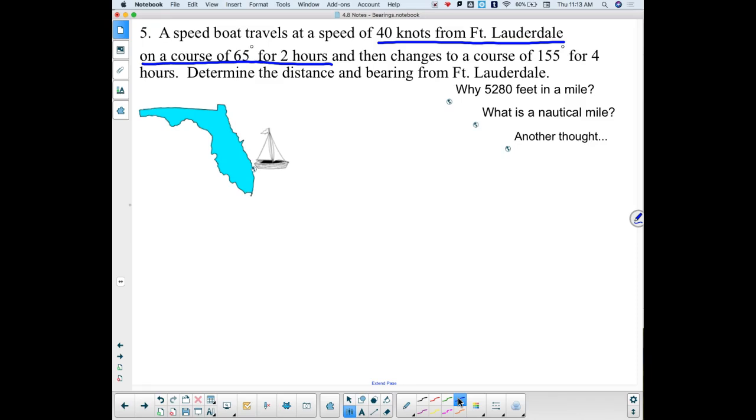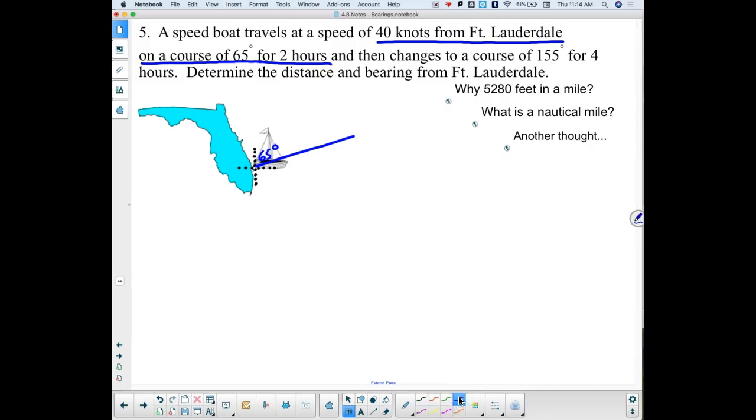So 65, in my brain, I'm thinking to myself, 65 degrees is there, right? Because this angle here is 65 degrees. It traveled along that path for how long? For 2 hours, right? So how far did it go?